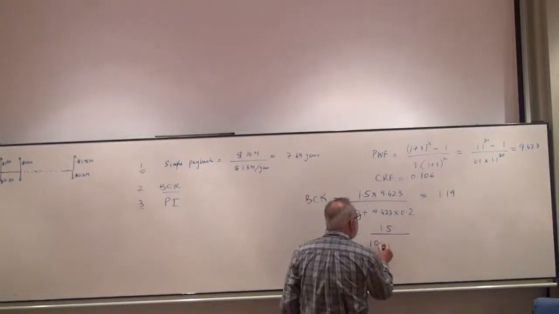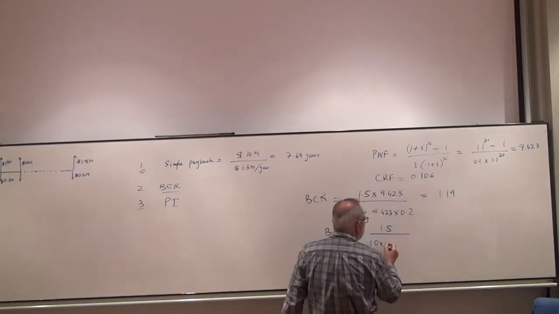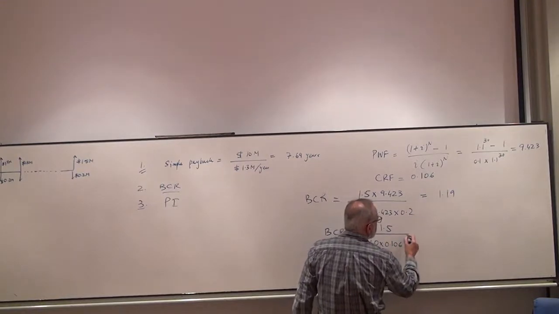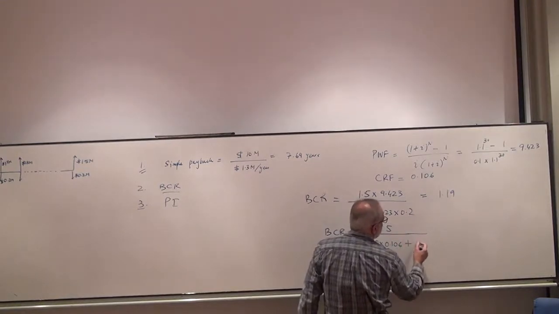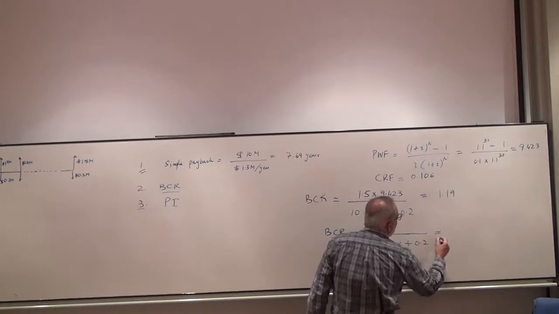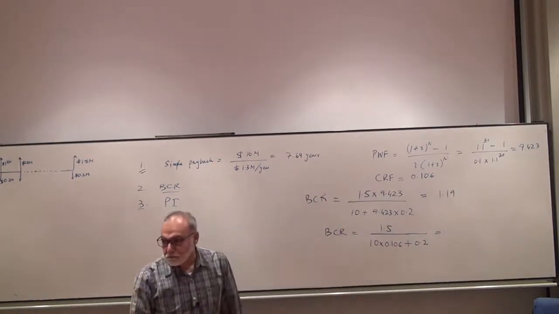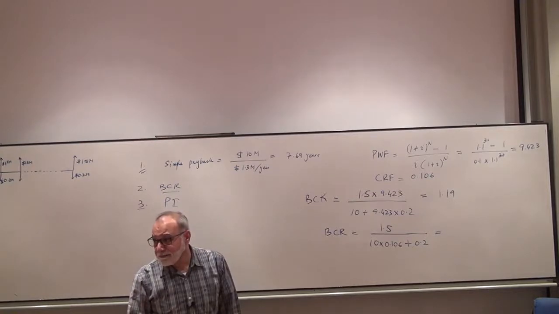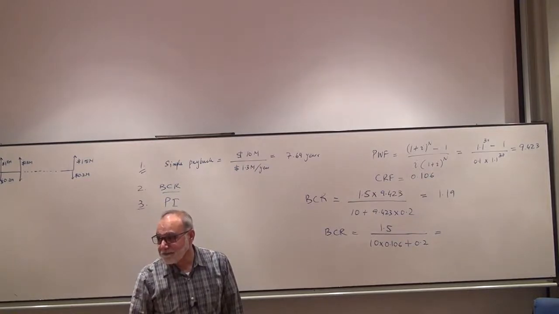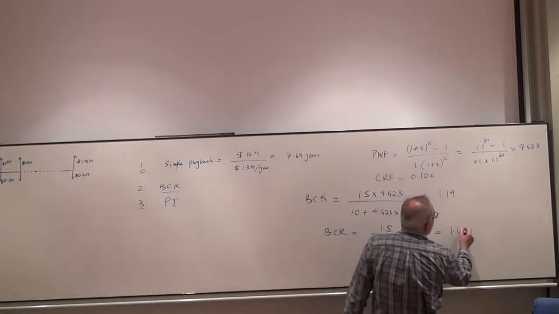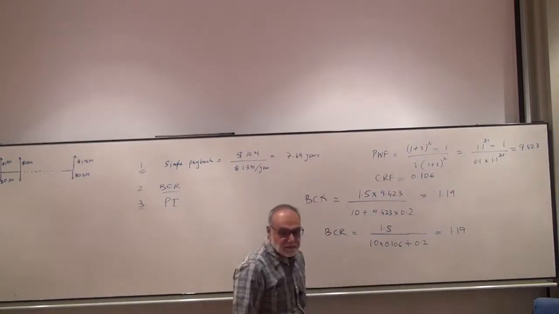So 10 multiplied by the capital recovery factor is 10 into 0.106, plus you have 0.2. Now this will give the same answer. Have you tried? What is the answer? 1.19. Okay. So you can see that both ways are correct.